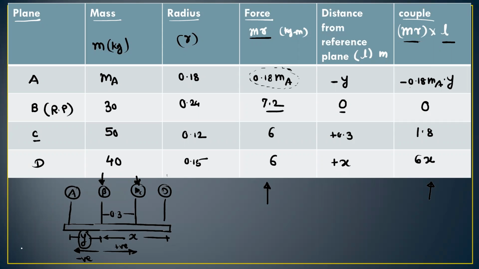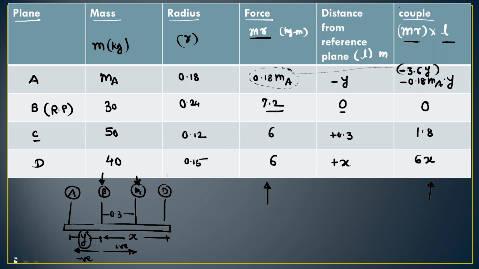So you will get this value as 0.18. So this is minus 0.18 into 20. So it is 3.6 into Y. Okay. And now we will draw the couple polygon.